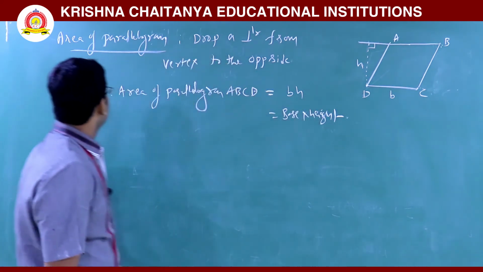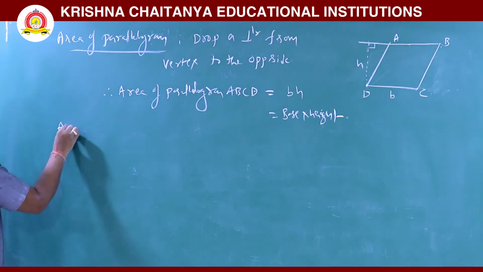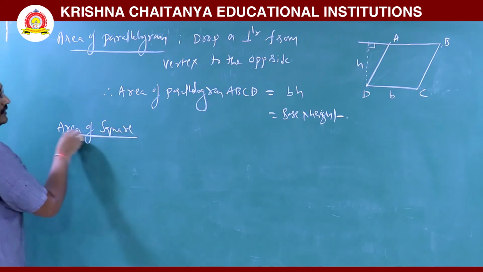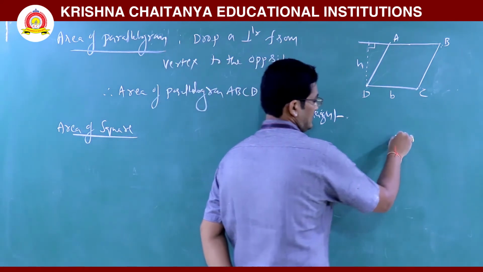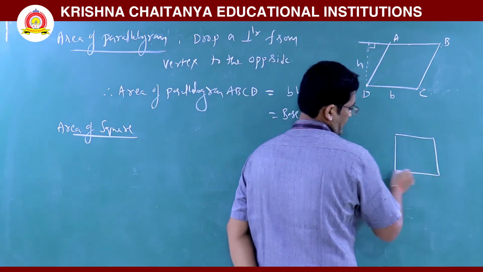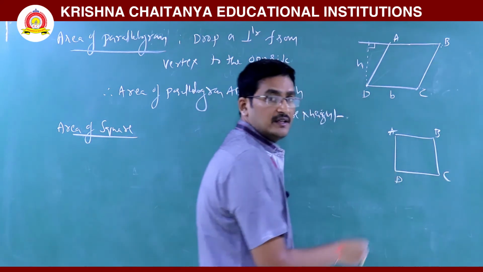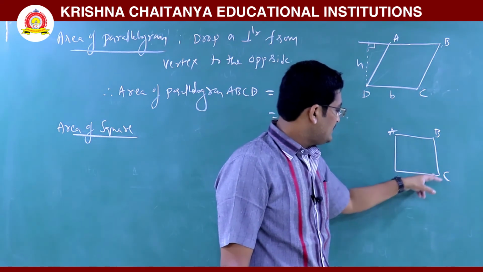Next, let me explain about the area of a square. How to calculate the square area? Suppose I take the figure of a square like this. This is A, B, C, D. This is the square. Now, what is the area of ABCD is the question.